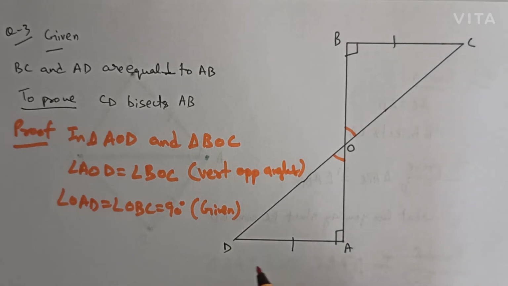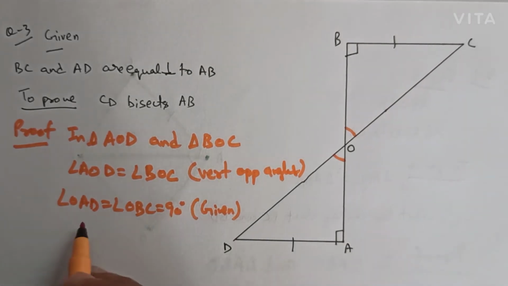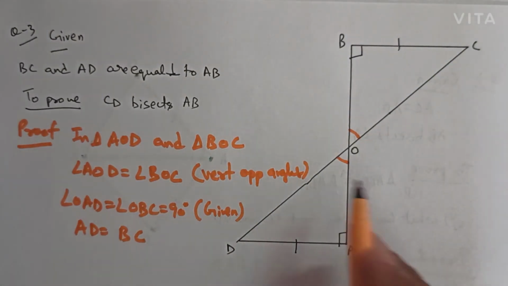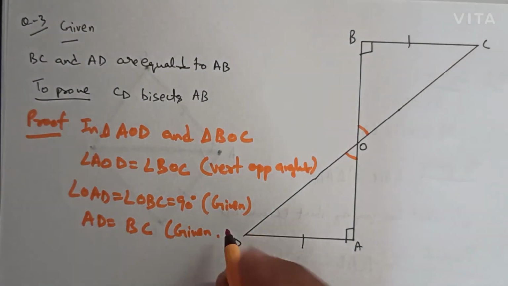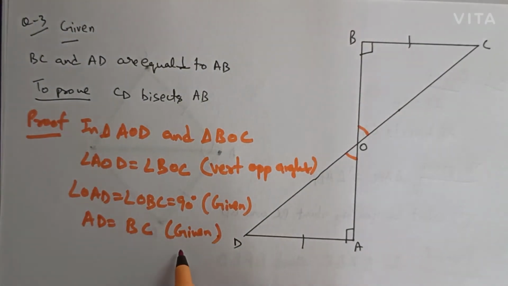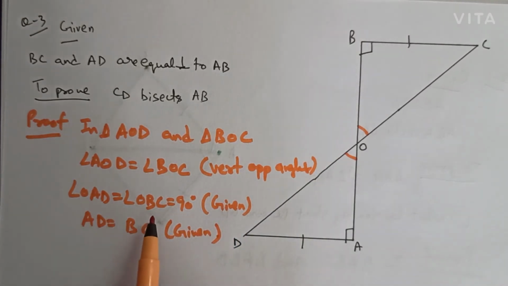Now third is that AD is equal to BC. This is also given that AD and BC are equal perpendicular. So this is also given because AD and BC are equal perpendicular over AB, therefore OAD is equal to OBC equals to 90 degree and AD is equal to BC.